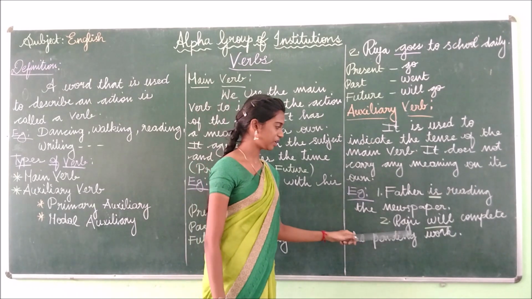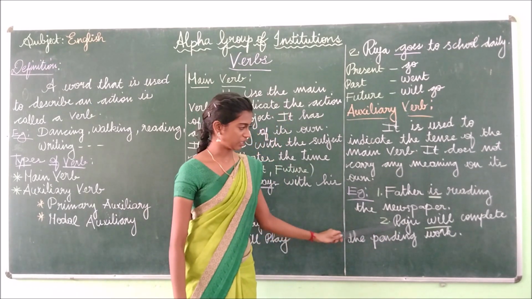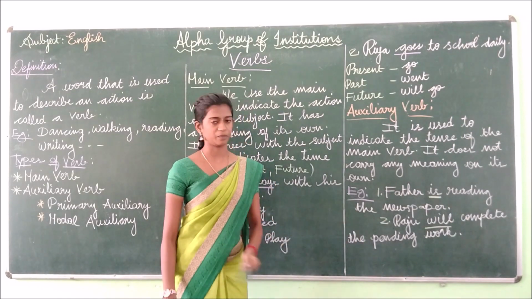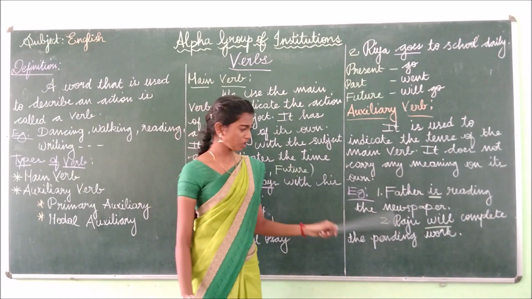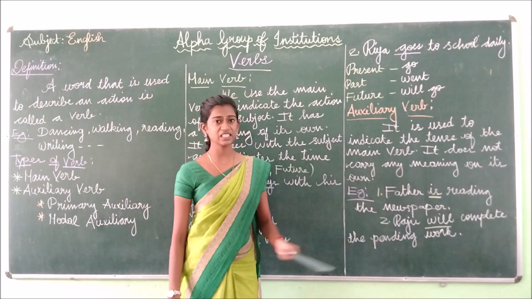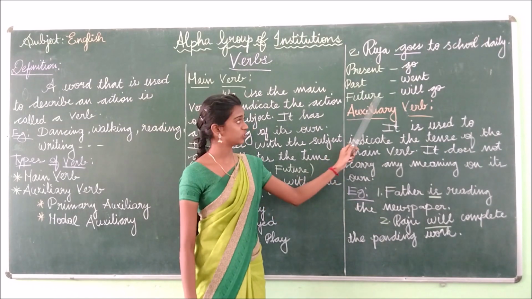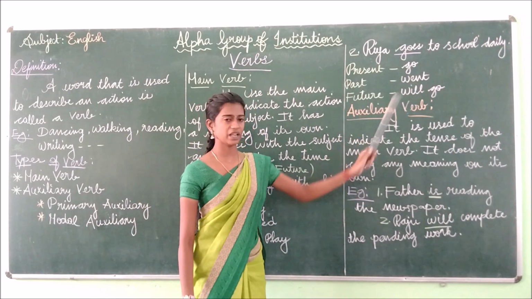And the second example: Raju will complete the pending work. So what is the auxiliary verb used here? Yes, the auxiliary verb used in the sentence is "will", and this indicates the future tense. The future tense comes under will plus verb.